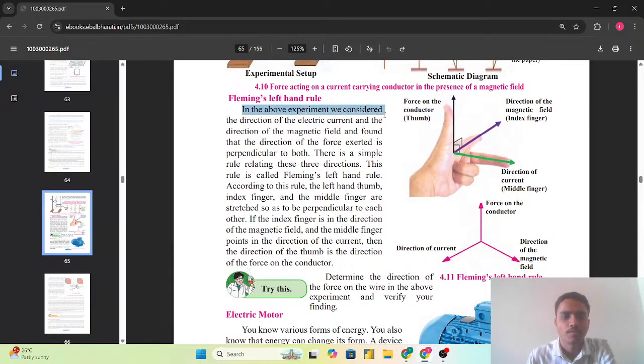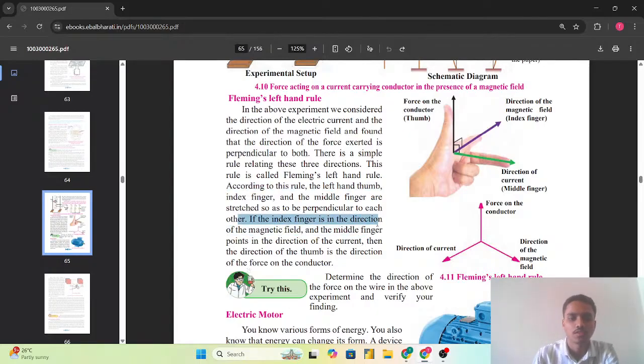In the above experiment, we considered the direction of the electric current and the direction of the magnetic field, and found that the direction of the force exerted is perpendicular to both. There is a simple rule relating these three directions. This rule is called the Fleming's left hand rule. According to this rule, the left hand thumb, index finger, and the middle finger are stretched so as to be perpendicular to each other.